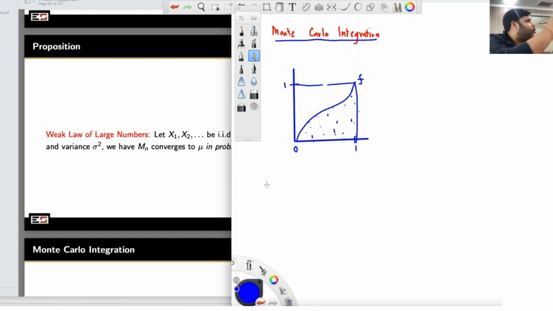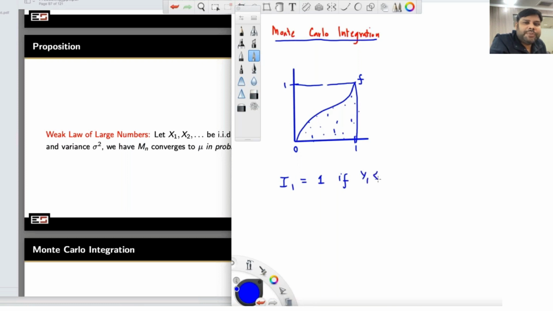Then check where this point is located. Once you have that pair, you check where the point is located and define an indicator random variable I1 that takes value 1 if the point is located below the graph.